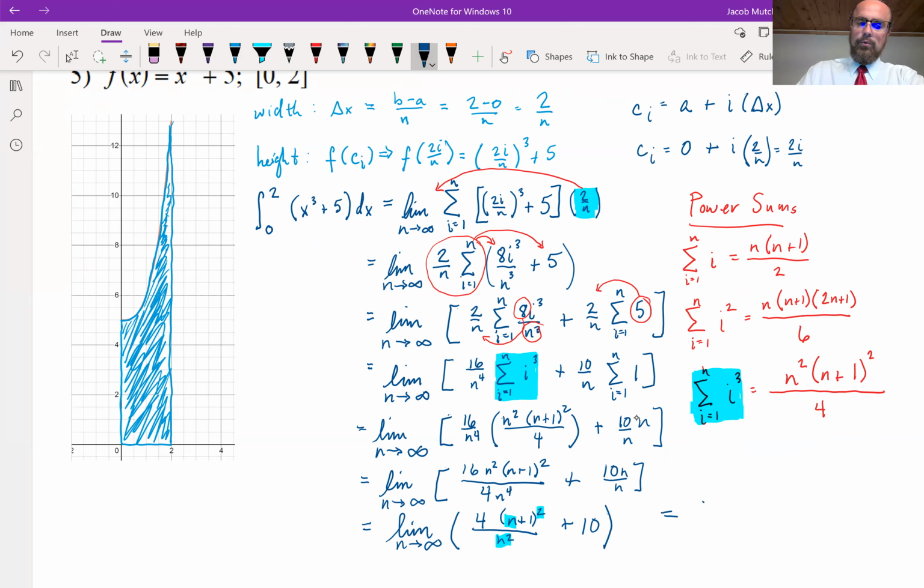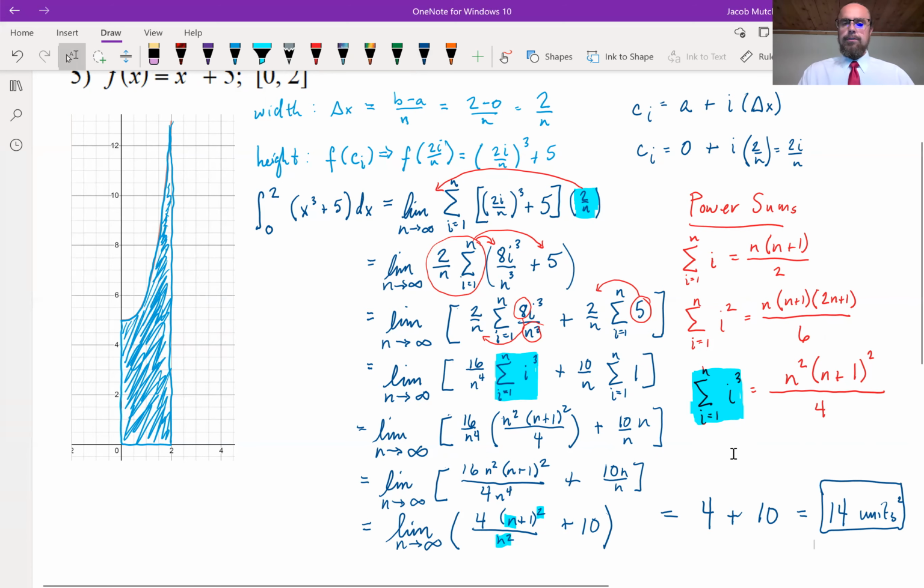So this is going to equal 4 plus the limit as n goes to infinity of 10, which is simply 10, and 4 plus 10 is 14 square units. Again, what we're calculating is the area under the curve. So that is an exact calculation.